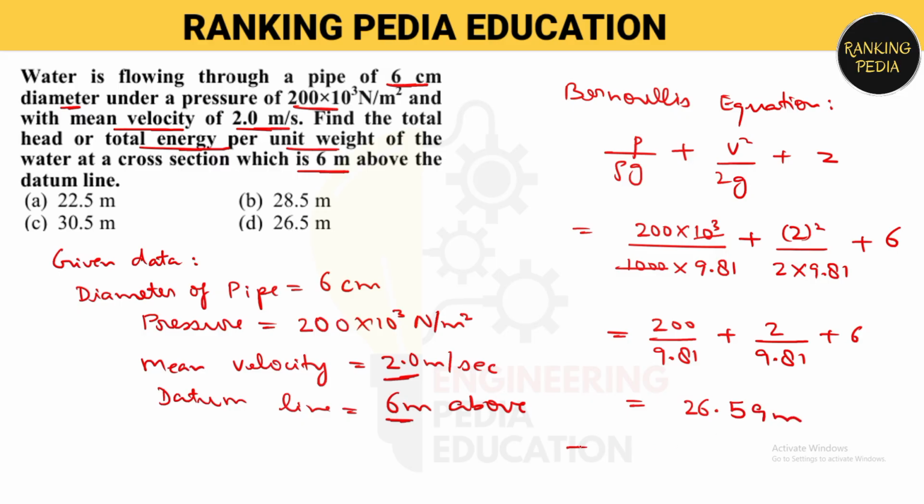So this is the total head, or total energy per unit weight. The total head value is 26.59, so option D is correct.